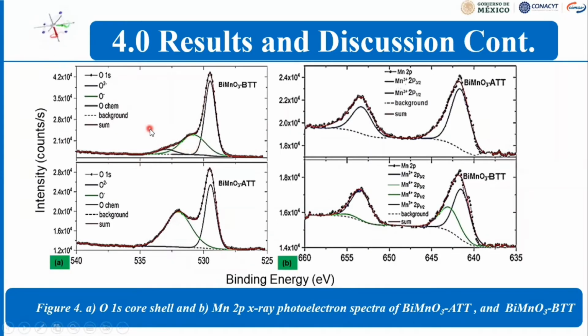To find the valence state of manganese and also the oxygen bonding characteristic of bismuth manganese oxide thin film, X-ray photoelectron spectroscopy was conducted. Here in 4A, the oxygen spectra of the two samples is resolved into three peaks.